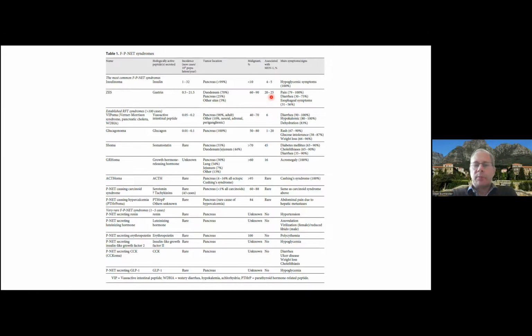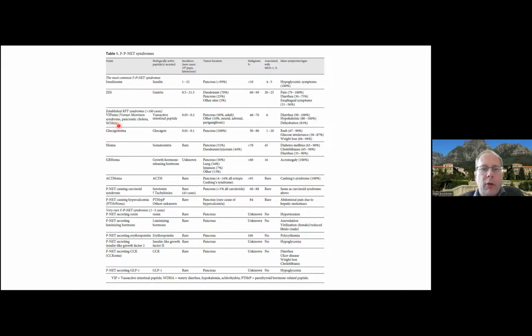So typically, people remember that these patients present with recalcitrant ulcers or ulcers that occur in unusual sites. Often the patients will have pain as a consequence, but remember the other symptoms as well, and that includes diarrhea, as well as esophageal symptoms or significant reflux symptoms that are difficult to control.